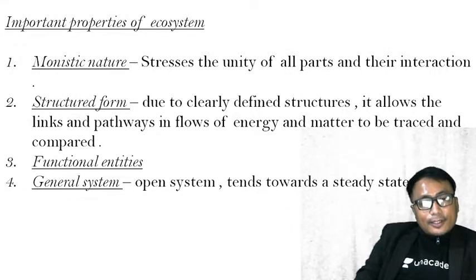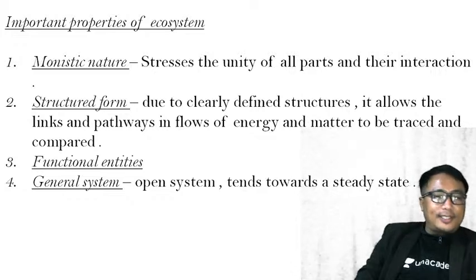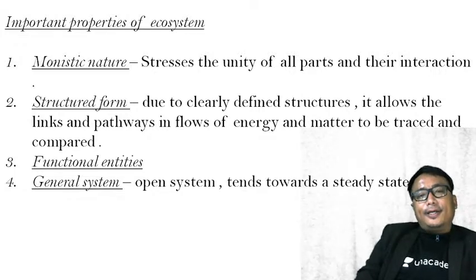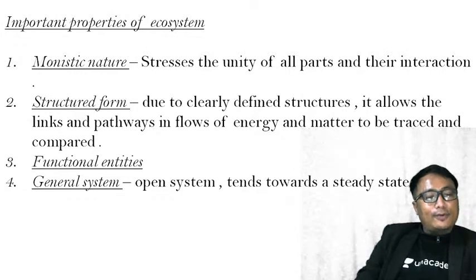So the ecosystem, we are considering it as an open system which tends towards a steady state. Tends towards a steady state is, you see here, if I have one system, if I make any changes to this system, a new normal will be developed where it will always tend towards a steady state or equilibrium state. That is known as tends towards a steady state.